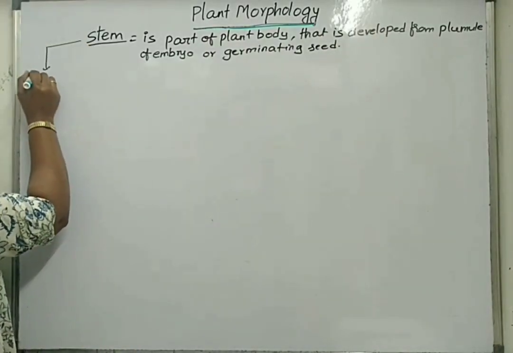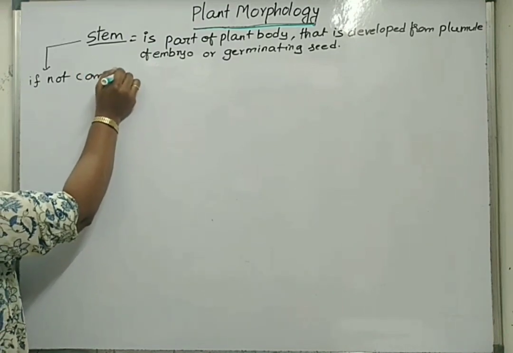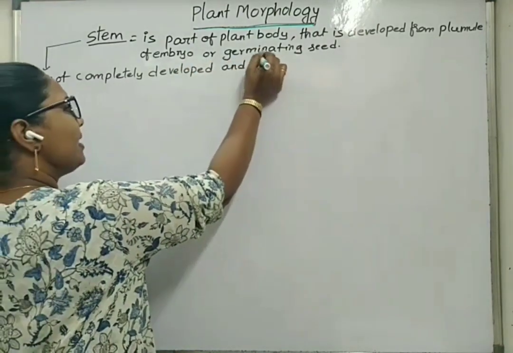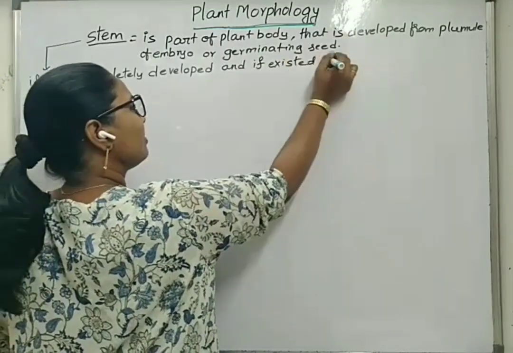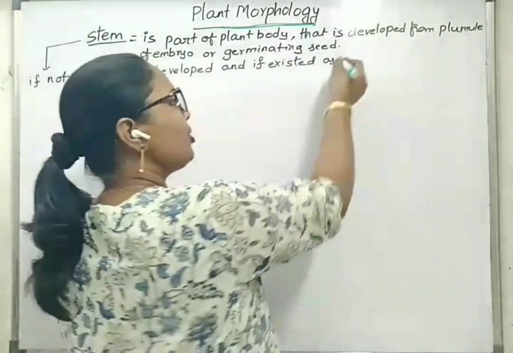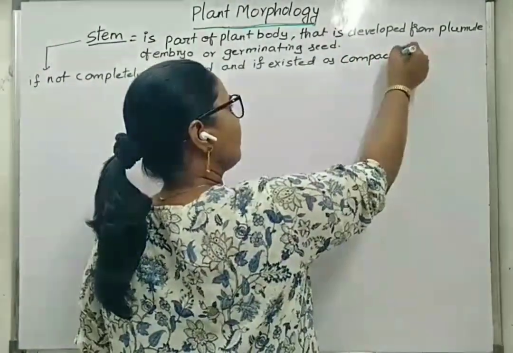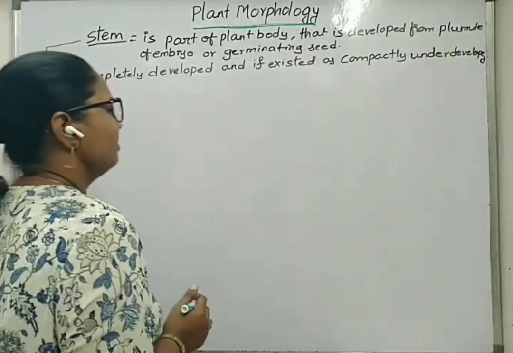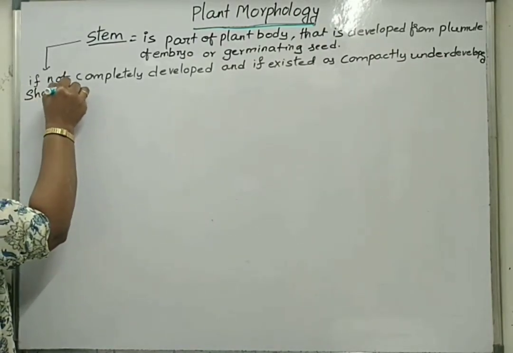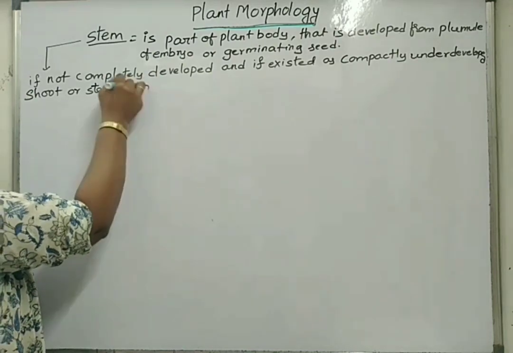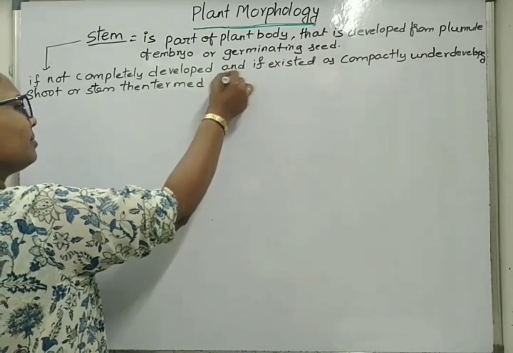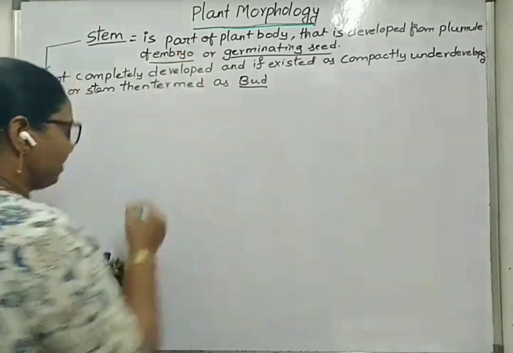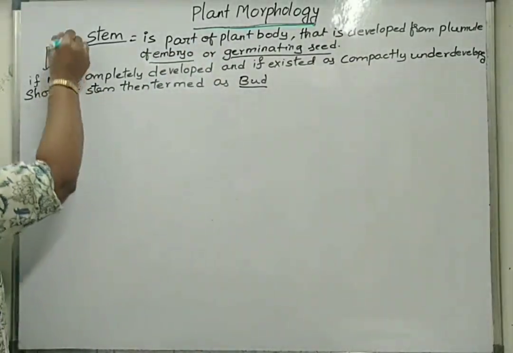Next, stem, if not completely developed and if existed as a compactly underdeveloped shoot or stem, is then termed as bud. Next, stem has nodes and internodes.